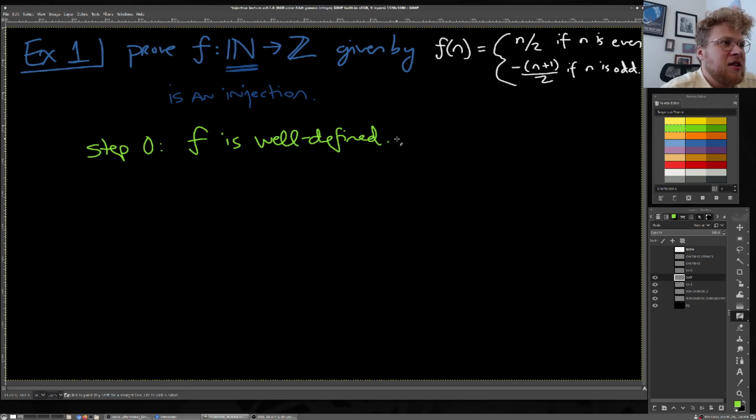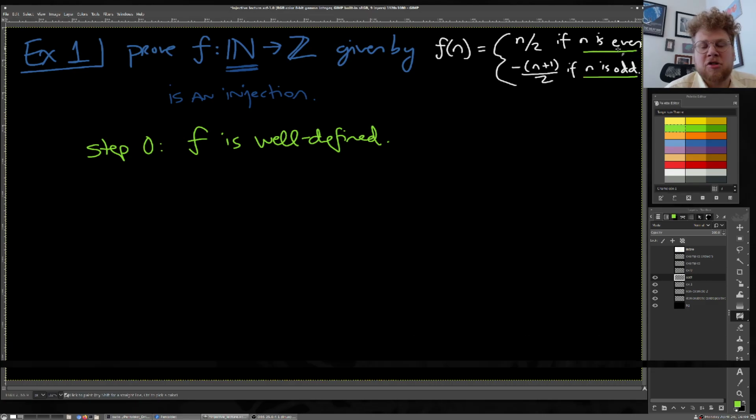So for any element of the domain that we have, is there any chance that both of these statements could be true? No, right? A natural number is either going to be even or odd, and there aren't any natural numbers that are in neither group. So no matter what, exactly one of these will apply.